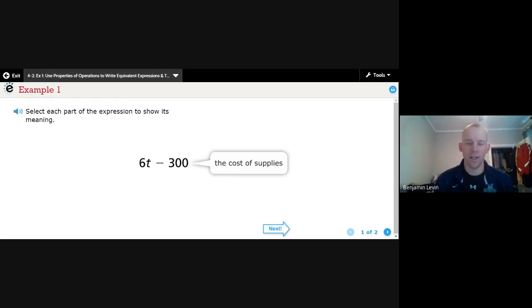And then at the end of the event, the people that bought the drinks and the food and the decorations and whatever else get reimbursed, which is another way of saying they get paid back for what they spent. So whatever they make for tickets, let's say 100 people come, so they make $600. They have to subtract 300 for the cost of their supplies. And that's how much money they would profit. So this seems to be a good expression for the amount of money they're going to make.